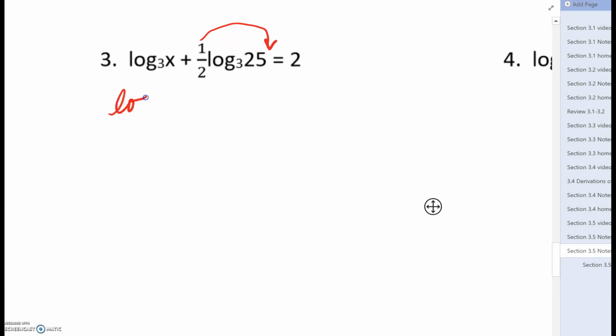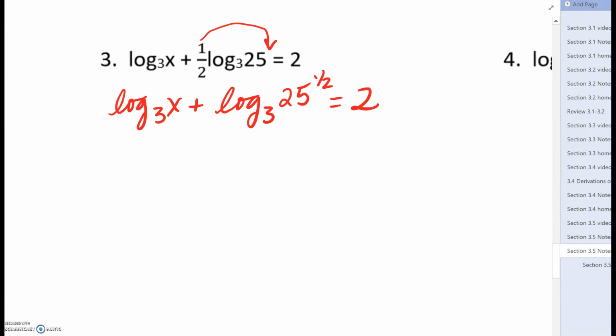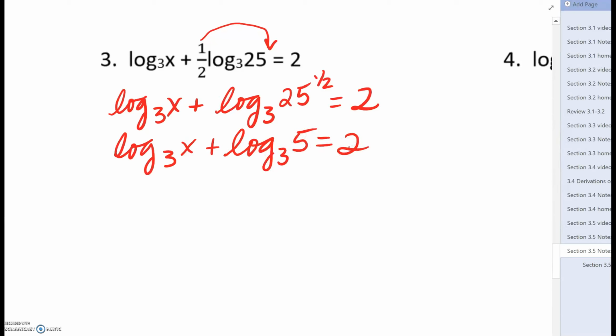So I've got log base 3 of x plus log base 3 of 25 to the 1/2 equals 2. 25 to the 1/2 is the same thing as the square root of 25, which we all know is 5. So really, we just have log base 3 of x plus log base 3 of 5 is equal to 2. Combine those into a single log using the product rule.